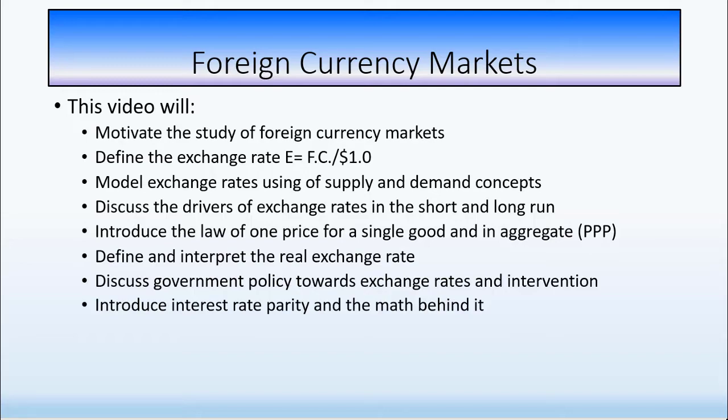I'll introduce the law of one price, that's for a single good, and then we'll ramp it up in aggregate, and that's called PPP, purchasing power parity. We'll define and interpret real exchange rates. We'll discuss government policy towards exchange rates and intervention. That is a prerequisite for understanding how international central banking works. And then we'll introduce interest rate parity and the math behind it.